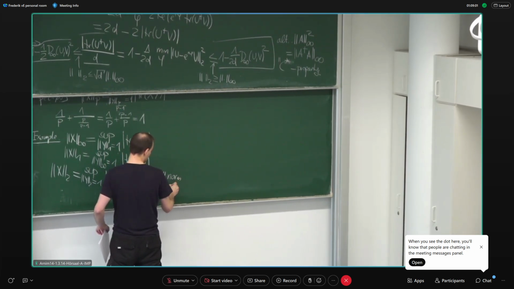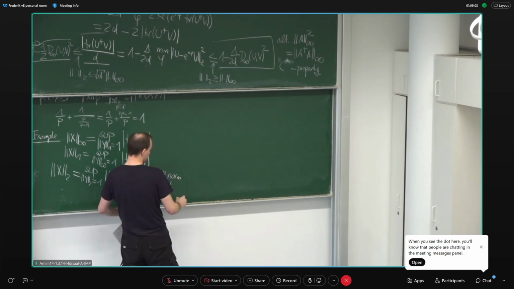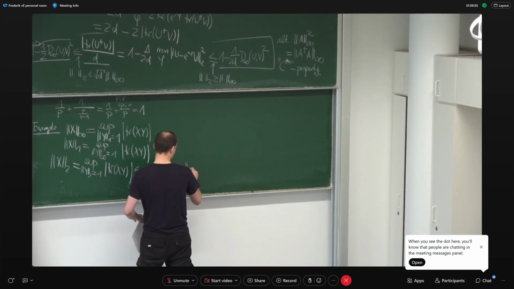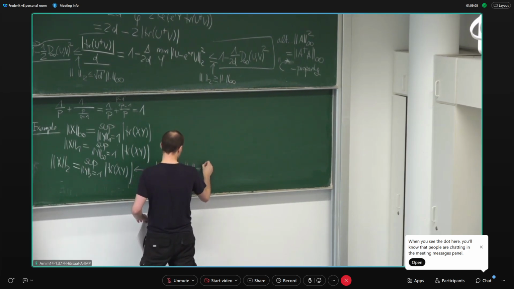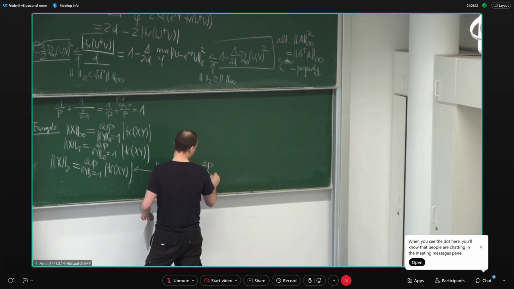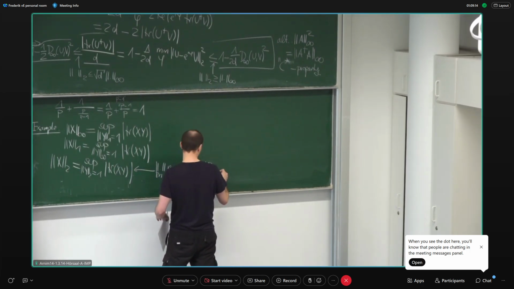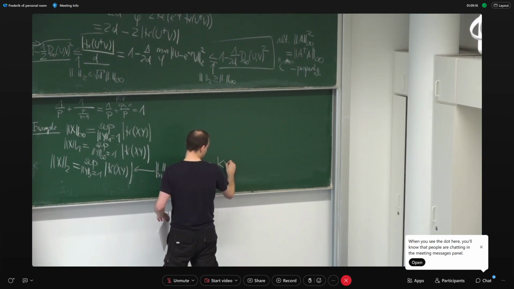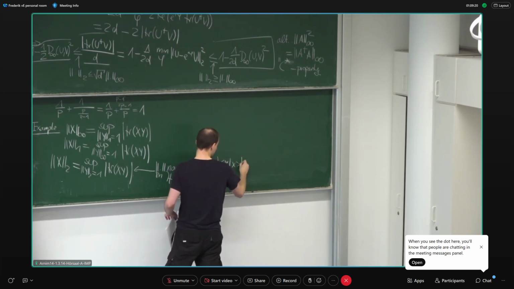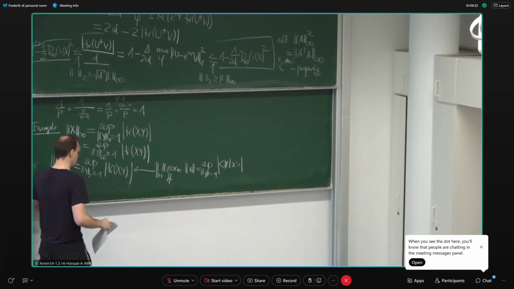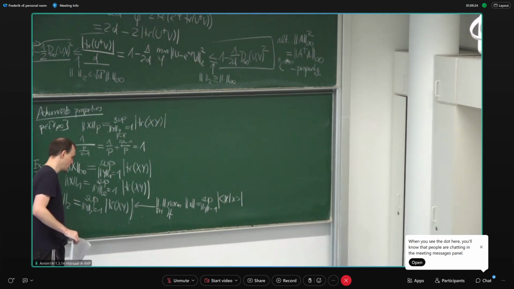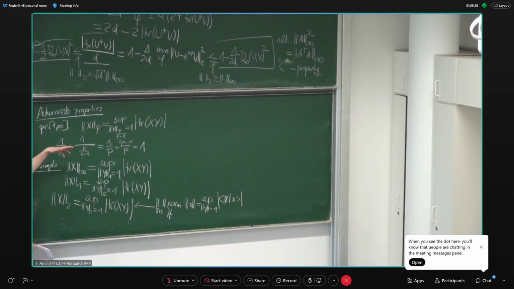So if this is a norm on a Hilbert space, then you always have this duality formula, where the trace is, of course, the general inner product term. So this is really just a special case of this.